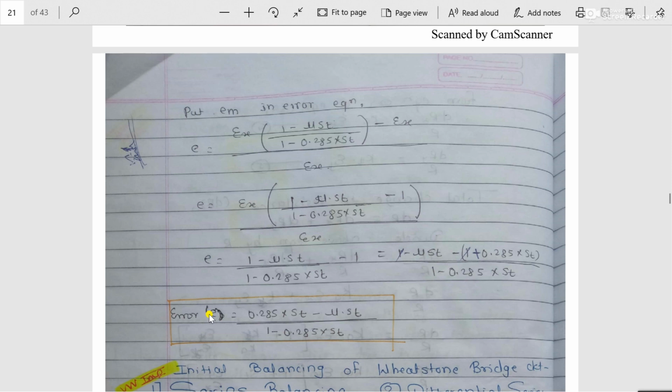If this error is subtracted or considered while taking the final readings, whatever final output we have calculated becomes more sensitive, and that error will be calculated by using this simple formula.